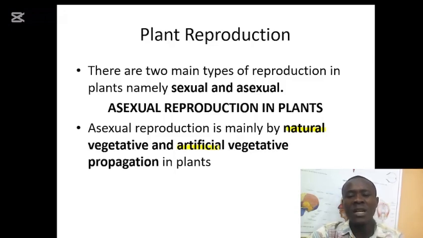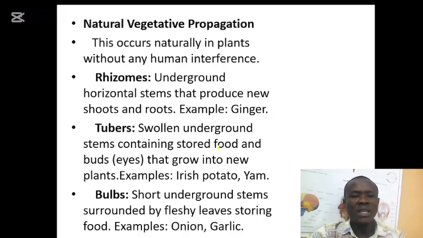Artificial vegetative propagation involves some activities of humans for the process to be done. So let's start with natural vegetative propagation. This occurs naturally in plants without any human interference.